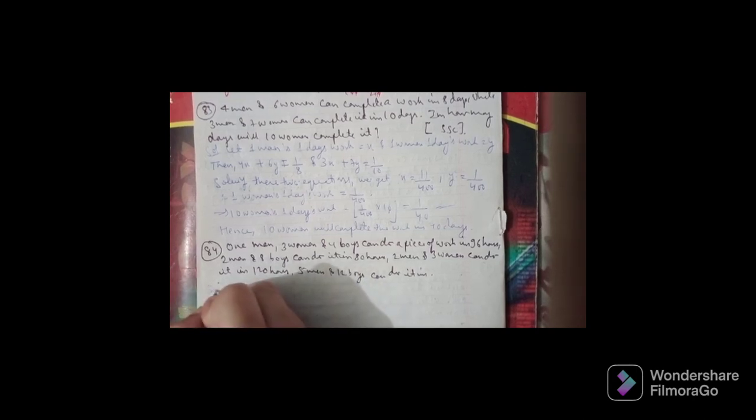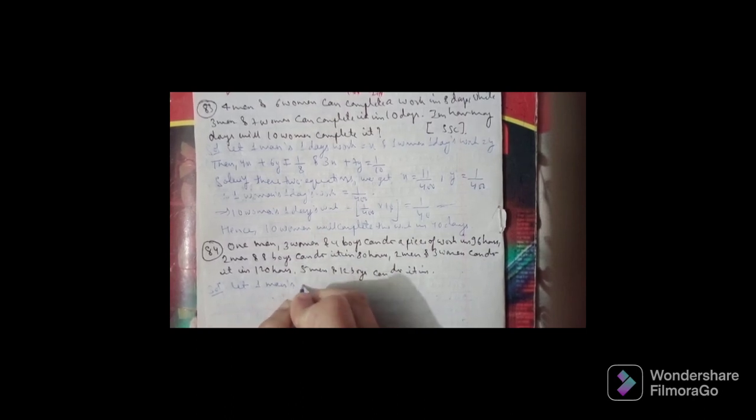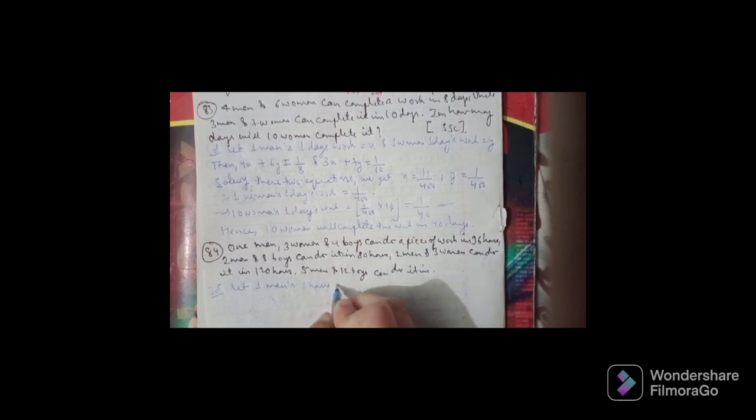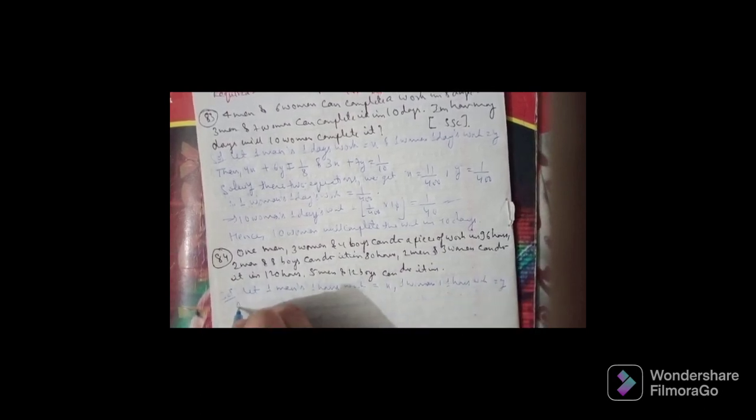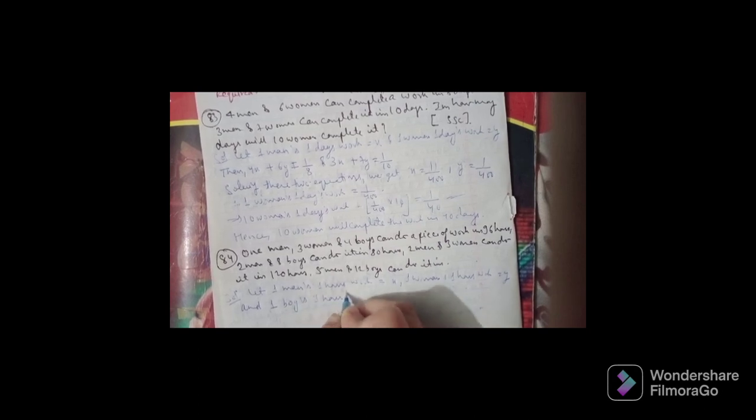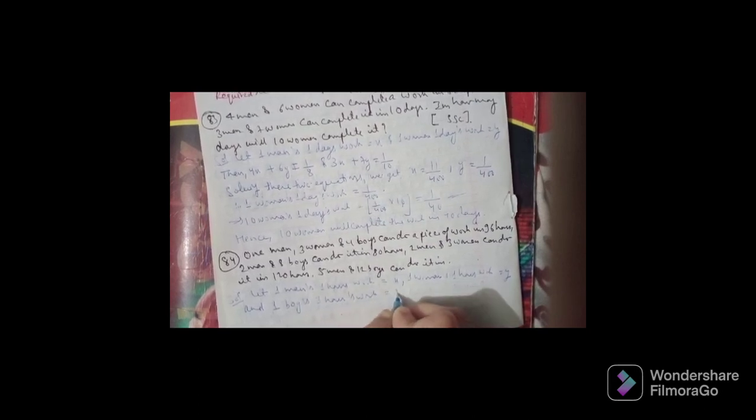So here we go for the same. Let 1 man's 1 hour's work equal x, 1 woman's 1 hour's work equal y, and 1 boy's 1 hour's work equal z.